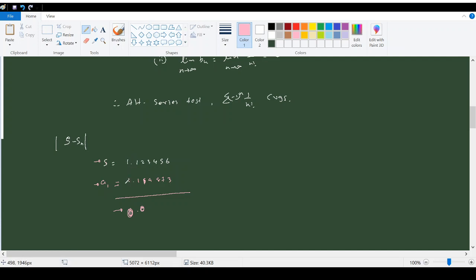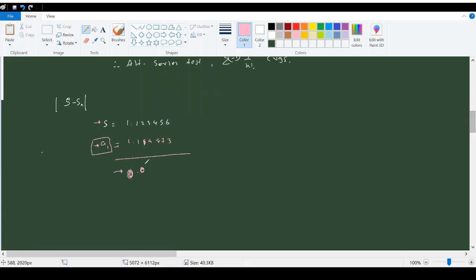So in a different way, you can say that this approximation is correct until the first decimal point. Now let's take A2 as 1.122222.